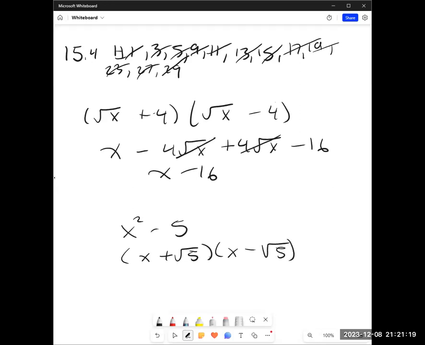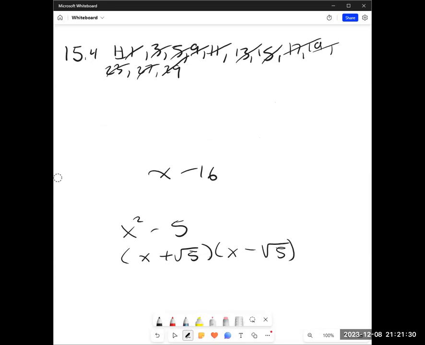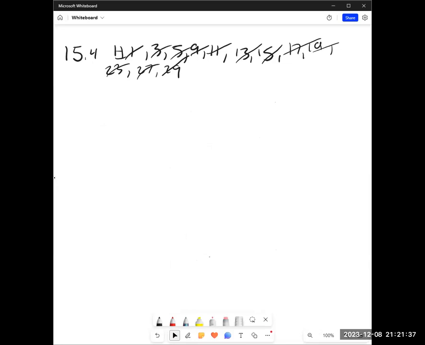Or we've already seen x minus 16 could break down into the square root of x plus 4 and the square root of x minus 4. So think about that when you get to the point where you need to factor things. Sometimes you may have to use square roots to help you factor things that are not perfect squares.